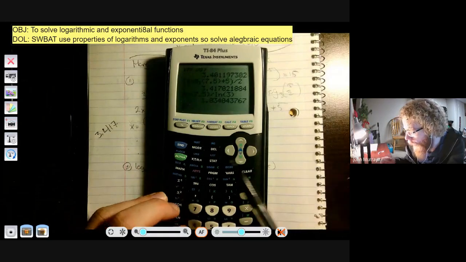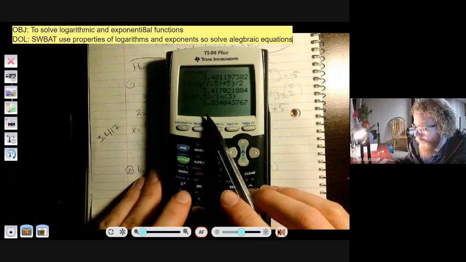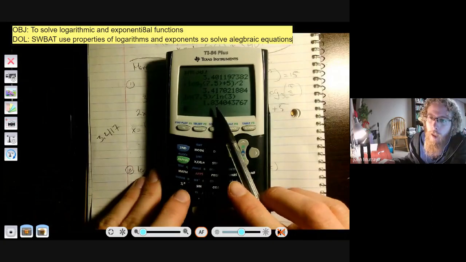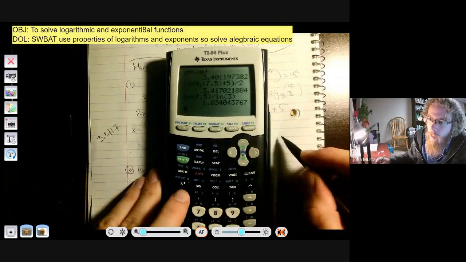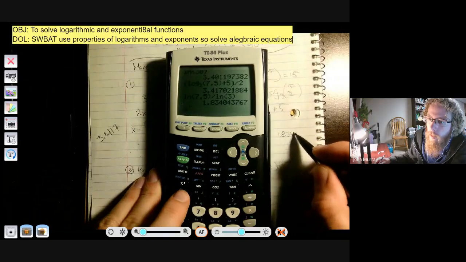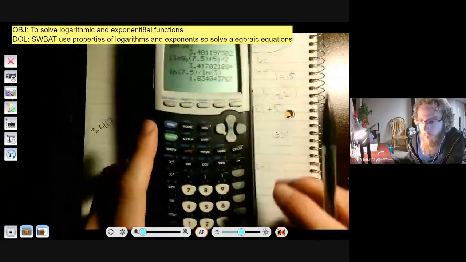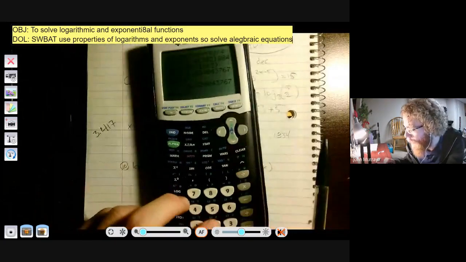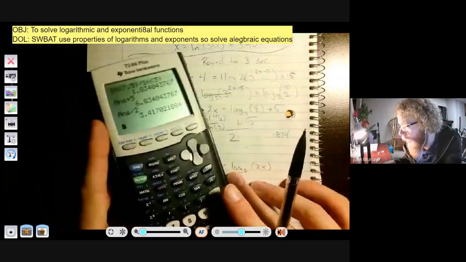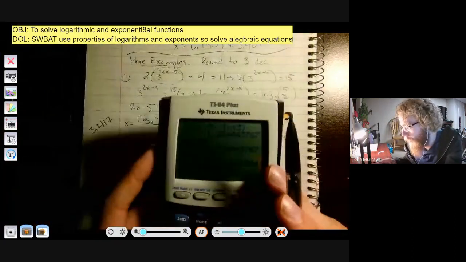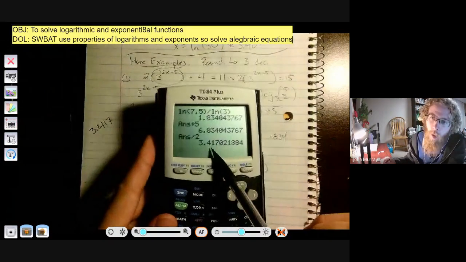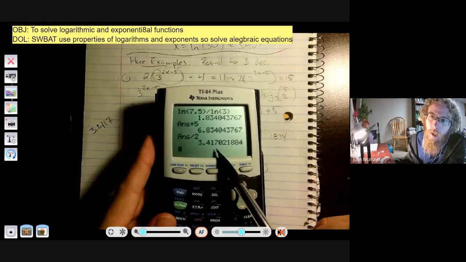I calculate that first, and even if I round to 3 decimal places, I have 1.834. Now with this number, I'm going to add 5 and then divide by 2. And we get a pretty close approximation, 3.147.